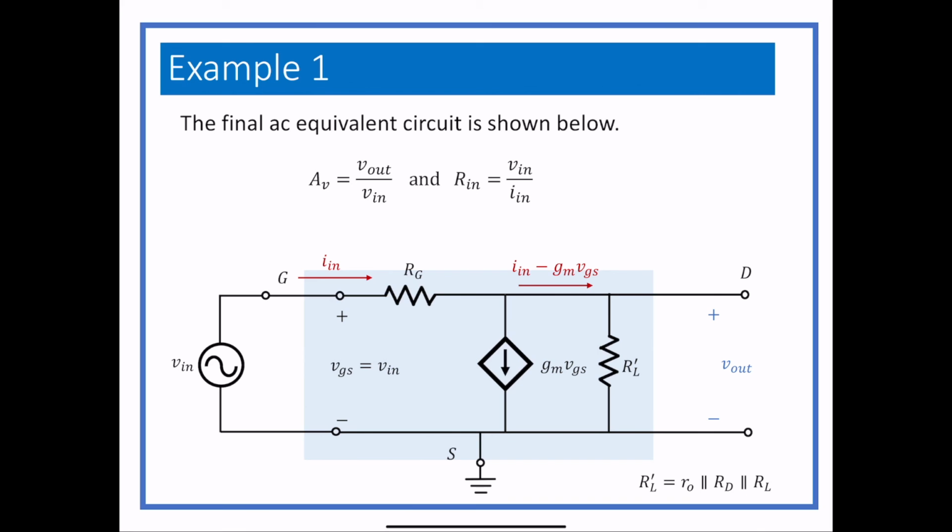Like I said, in all amplifier circuits, that won't be the case, but today, it's the case. And then we have V out, and V out is equal to RL prime times IN minus GM VGS. That would give us whatever V out is. And V out is also equal to VDS because it's between the drain and the source. So there's a couple of ways to deal with that.